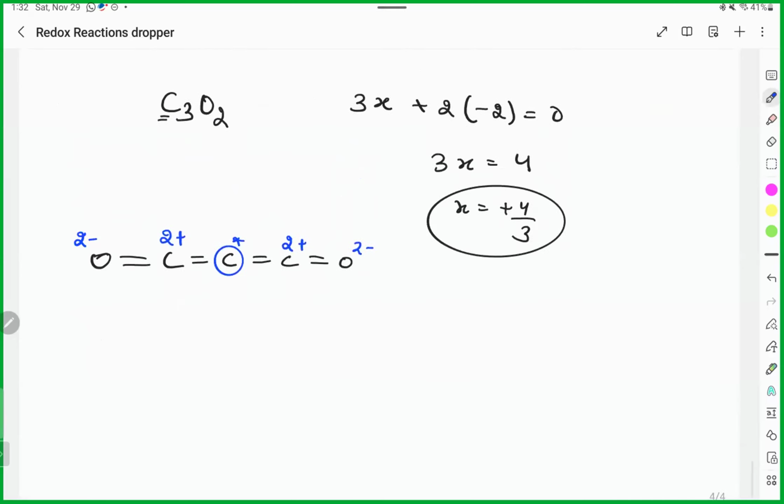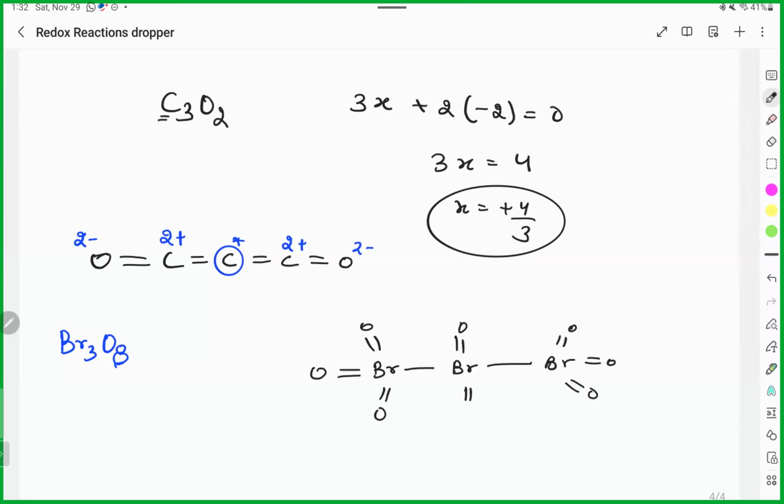For example, if you calculate for Br3O8, you have 3 Br and 8 oxygen. What is the total number? 8.